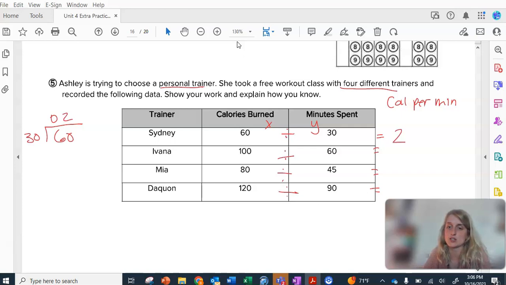So Sydney causes you to burn 2 calories per minute. Can anybody else, Ivana, Mia, or Daquan, cause you to burn more calories? Your sentence is going to be, I chose to hire this person because they made me burn the biggest number of calories per minute.